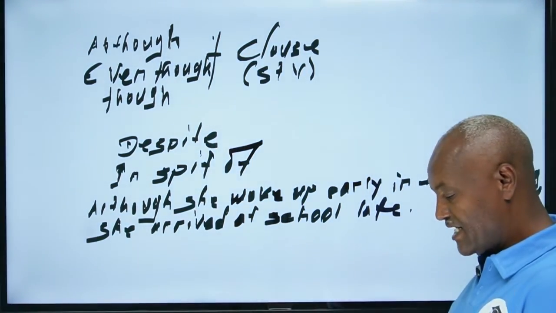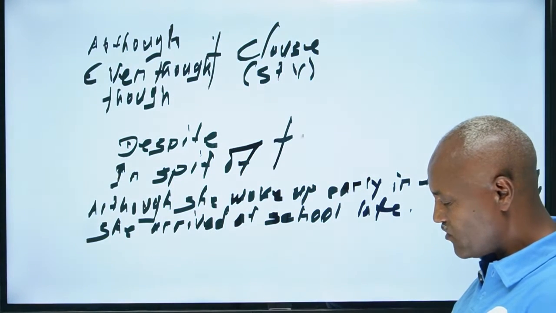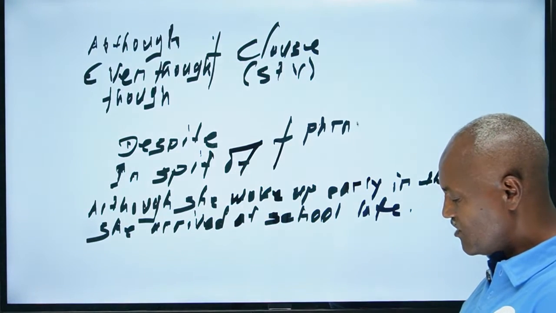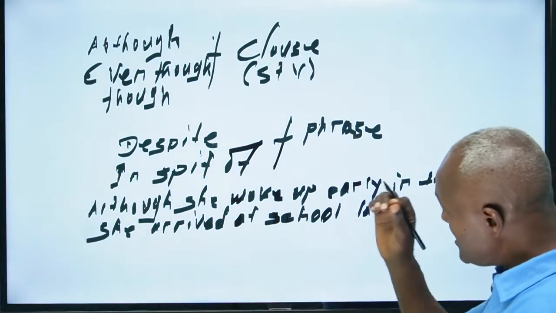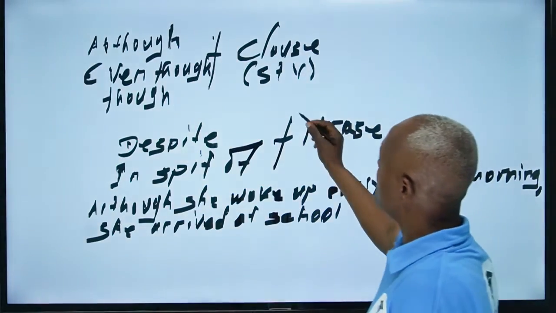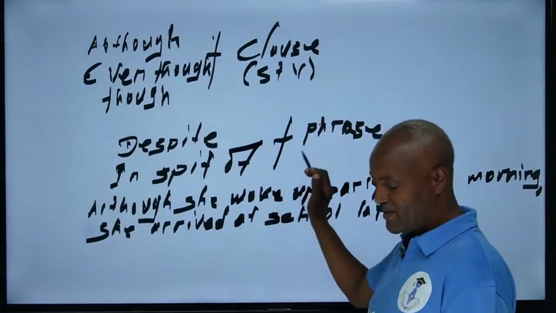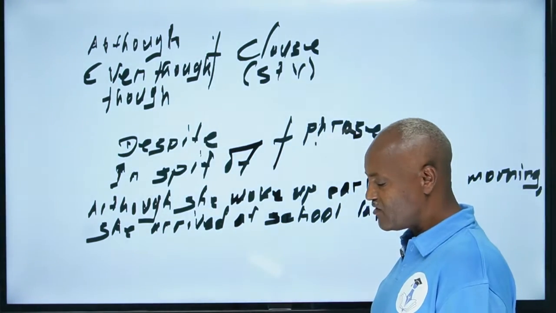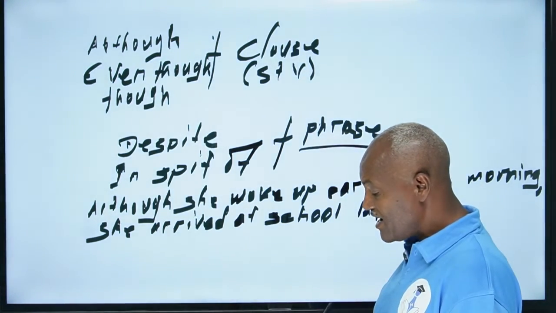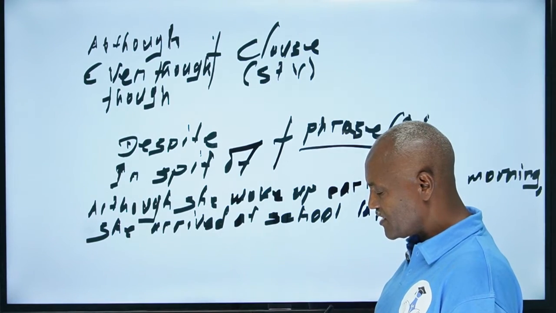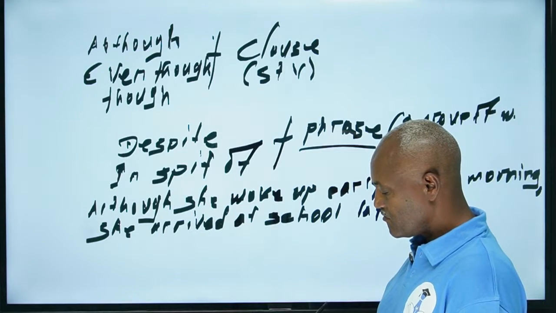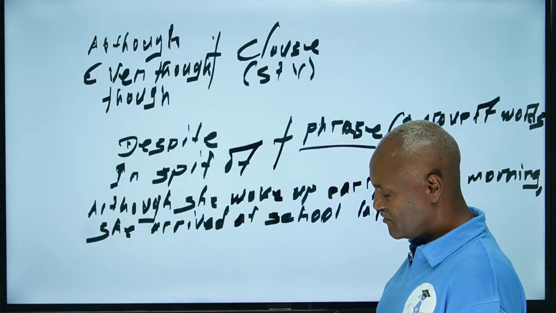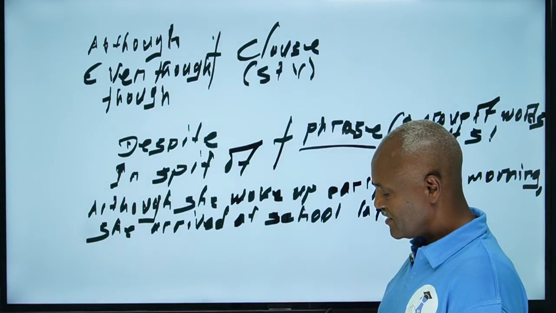Here, remember, despite and in spite of are followed by phrases. So you have to identify what is a phrase and what is a clause. A clause means minimum, there must be subject plus verb. But despite and in spite of are followed by a phrase. A phrase is a group of words without subject plus verb.